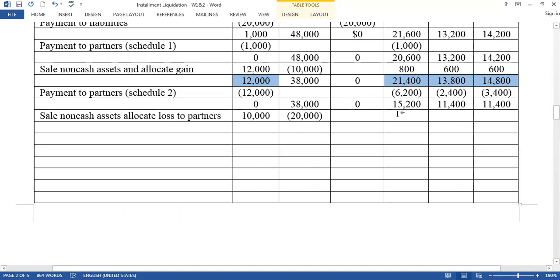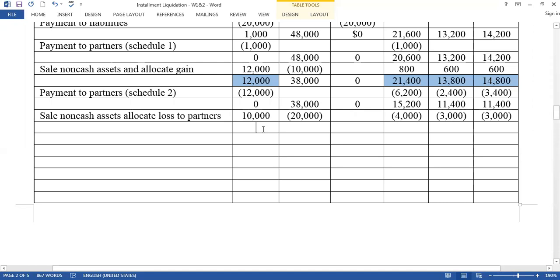So it is our loss. We are going to allocate this loss: 4,000, then 3,000, 3,000. This is the loss going to allocate.